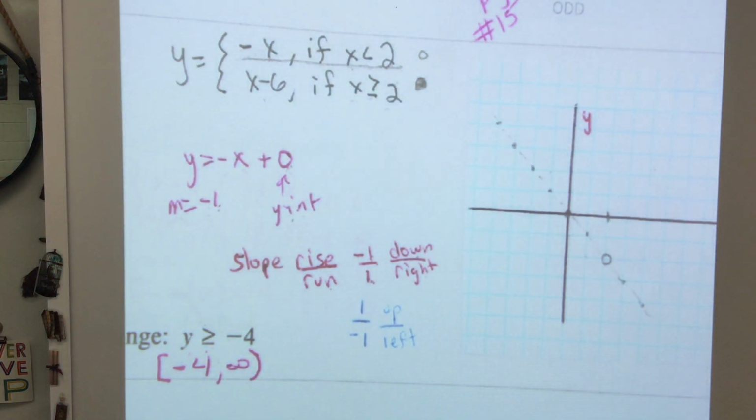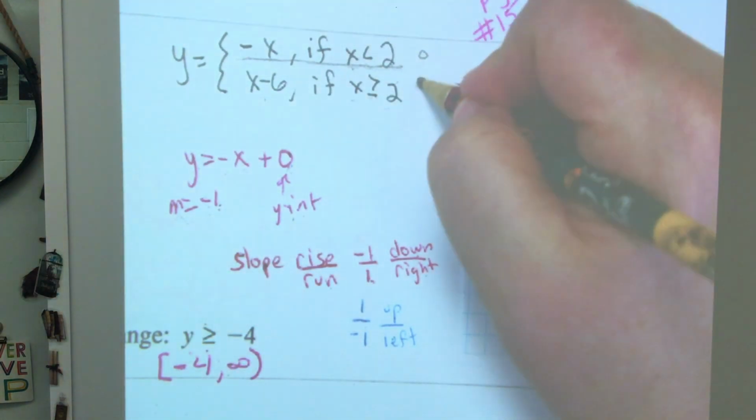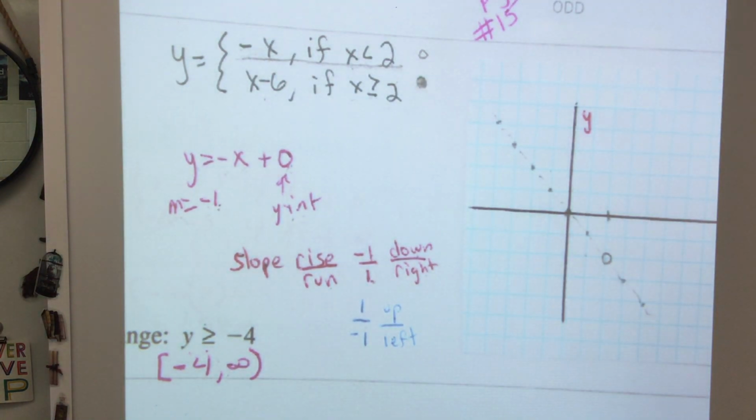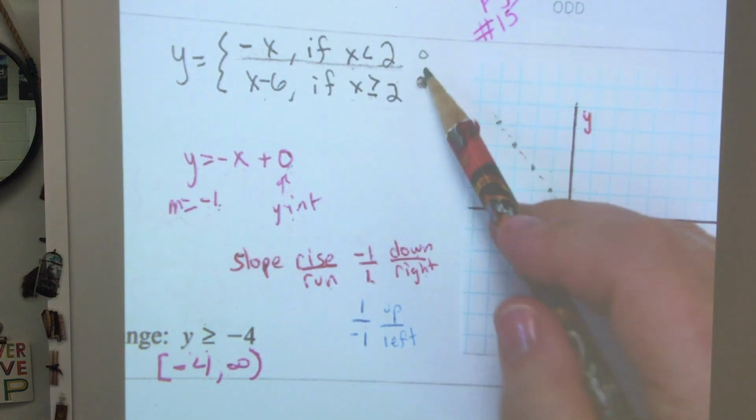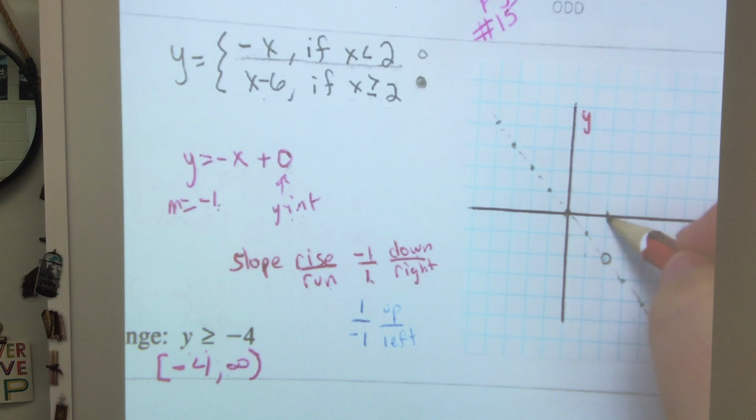So I know I'm going to need an open circle where x equals 2. And I showed you on the graphs today that if x equals 2, where does it hit the line? Well, it hits the line right here at negative 2. And that's where my circle goes.